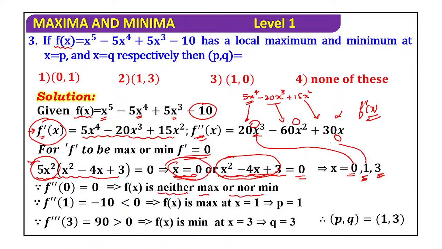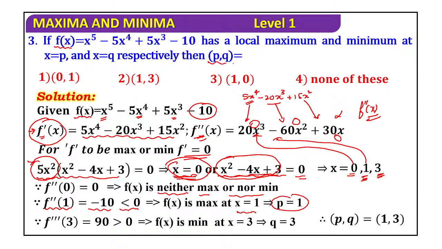Now put x equal to 1 here. If you put x equal to 1, f double dash of 1 is going to be minus 10, lesser than 0. If f double dash of 1 is minus 10, lesser than 0, then f of x is maximum at x equal to 1. That is nothing but p equal to 1.